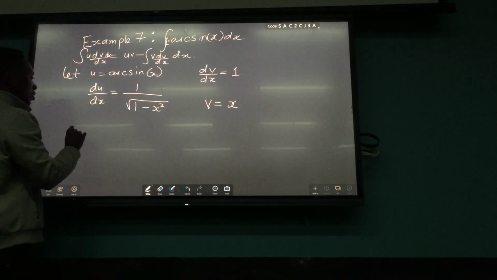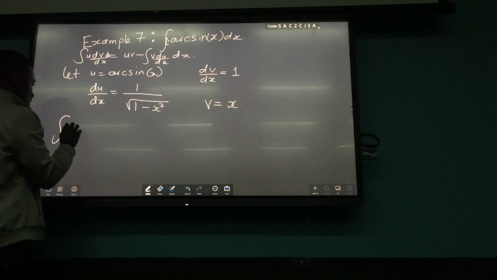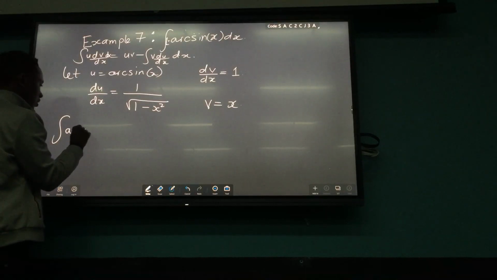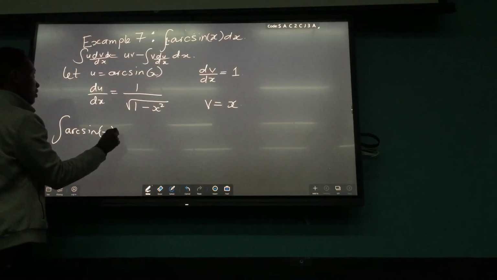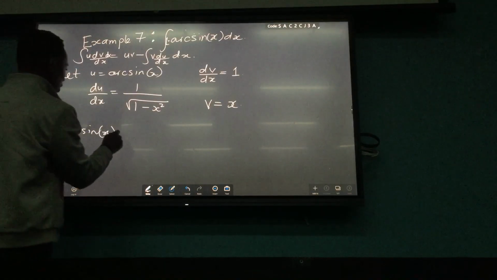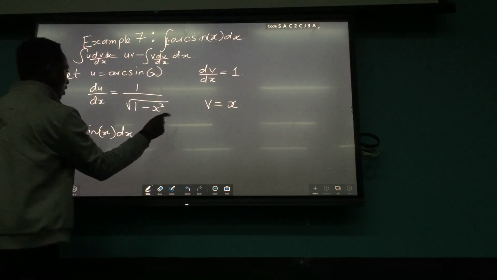On the question side we have u dv dx, which is just arcsin of x. dv dx is just 1, so we don't need to write that. Then we can write our dx equals uv.